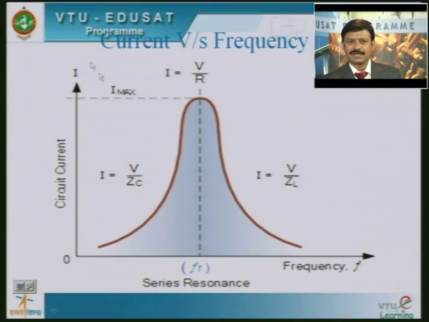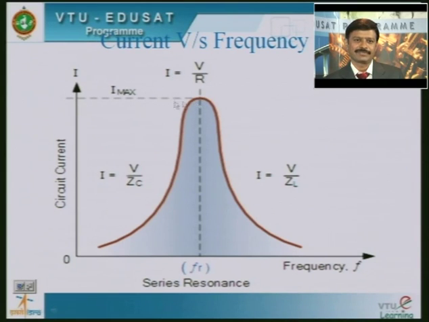Next graph is current versus frequency. As I told, if impedance is minimum, current will be maximum because they are inversely proportional. If impedance reduces, current increases. So, current will be maximum here. This point is the point of resonance.